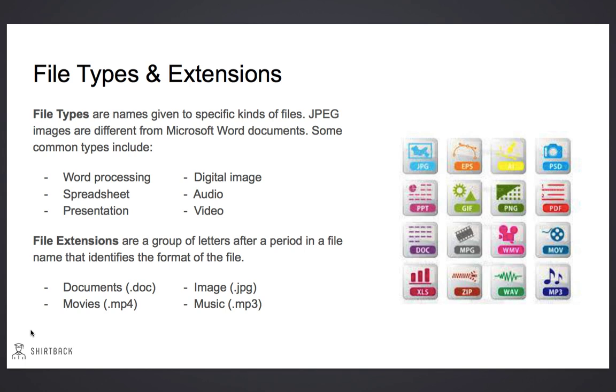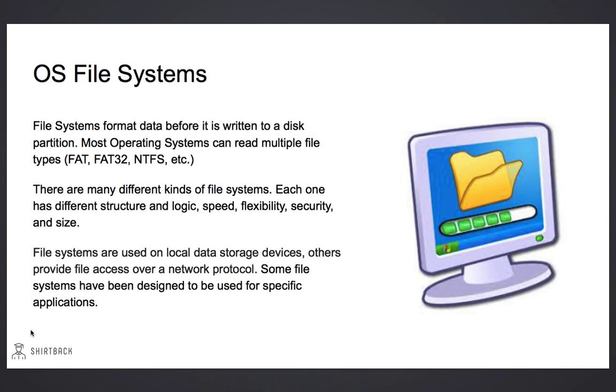File extensions are a grouping of letters after a file name that will identify the format of the file. For example, document files have a file extension of .doc. A couple more examples are MP4 files, which are movie files, or JPEG, which are image files.